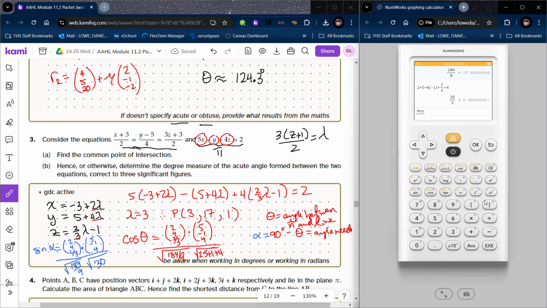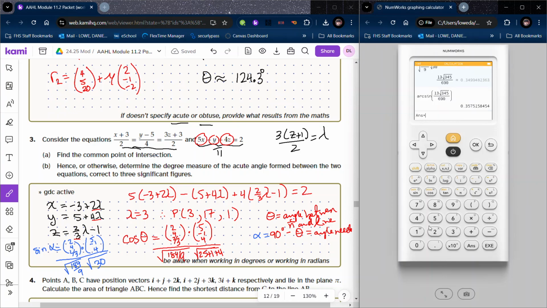And I need to divide 26/3 by the square root of 184 over 9 times the square root of 30. I have to be careful about where my square root sets up. So square root of 30, it's not one square root under the other. And let's go shift inverse sine of that number.